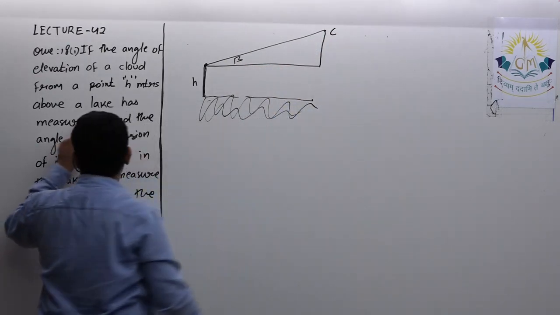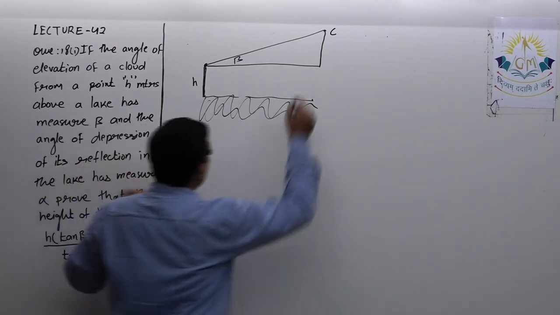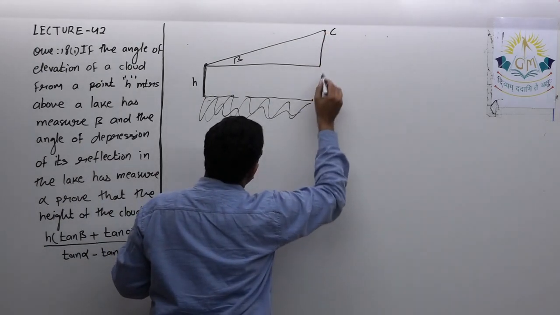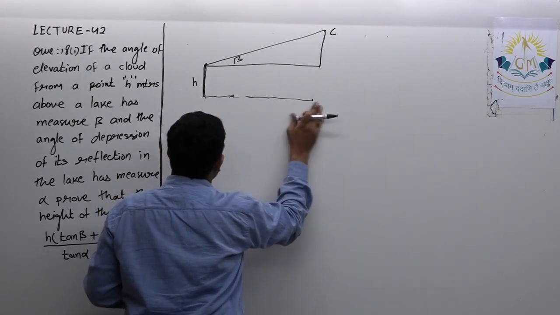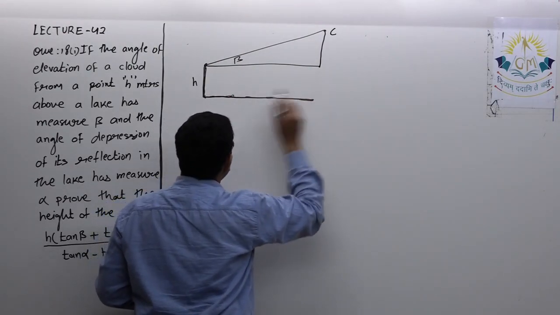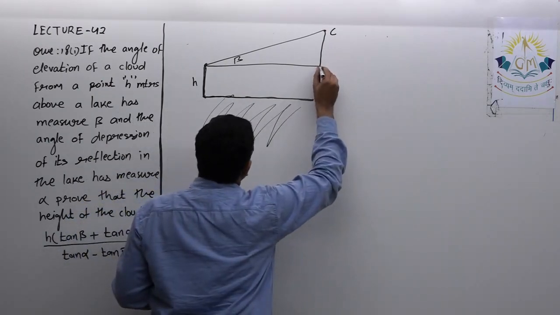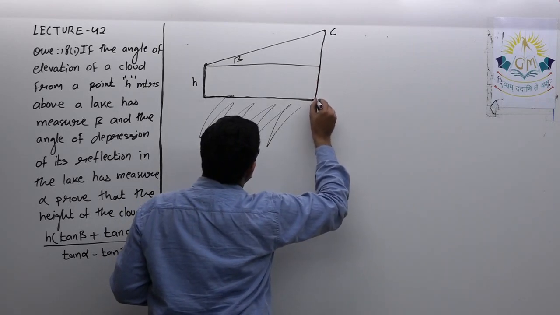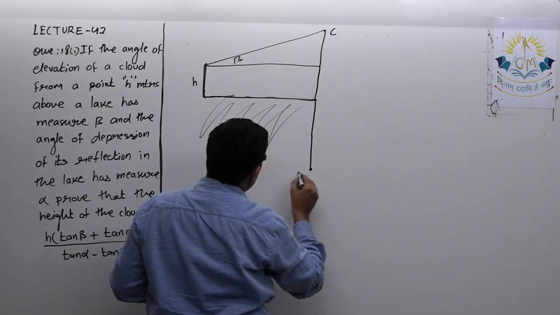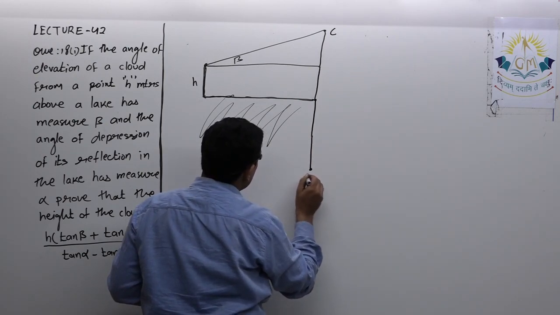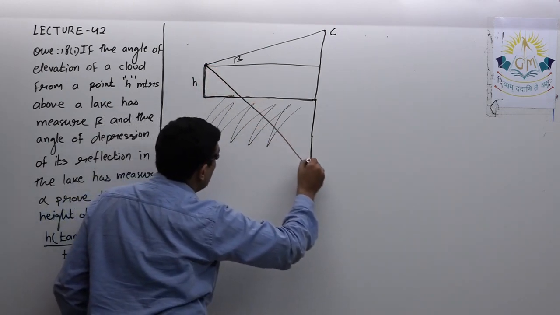Now, further it is given, and the angle of depression of its reflection. Definitely, if there is a cloud, then we may get its reflection. When this reflection was observed from the same point, the angle of depression of the image of the cloud, let me call it Q for a while, is alpha.